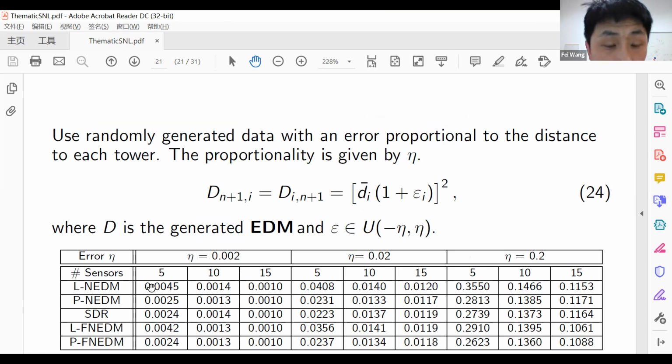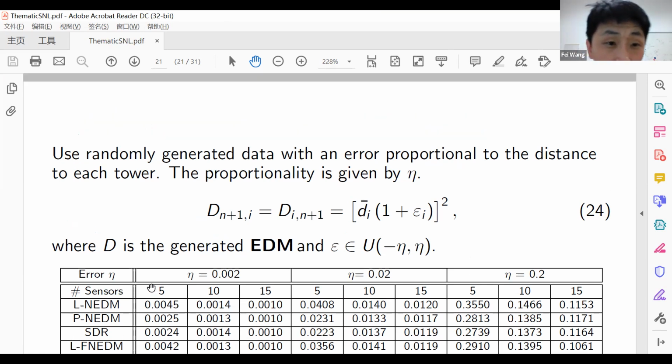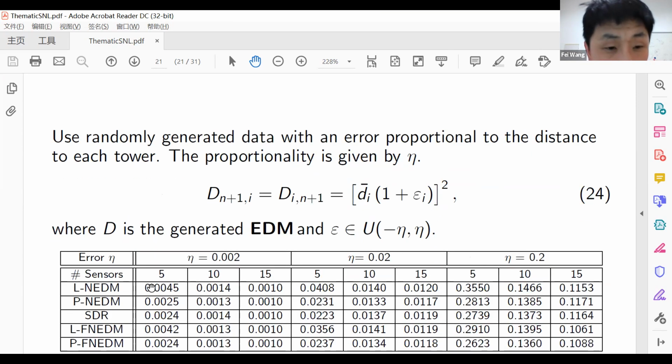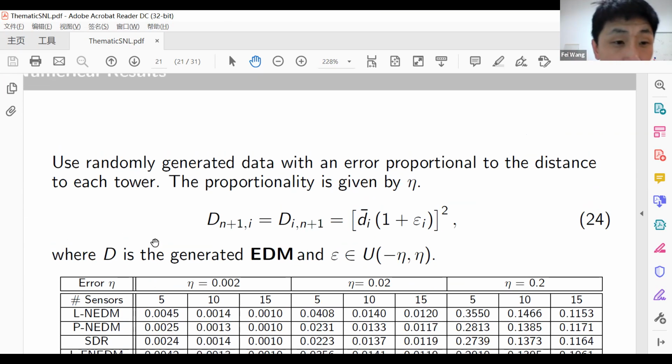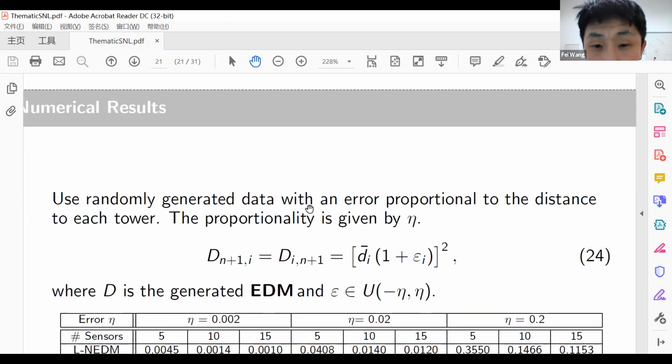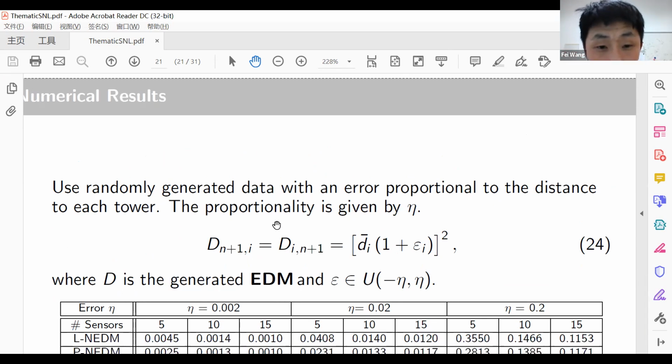Now we compare the three models and see which model is the best to recover the true location of the source. We use randomly generated data with an error proportional to the distance to each tower, and the proportionality is given by eta.